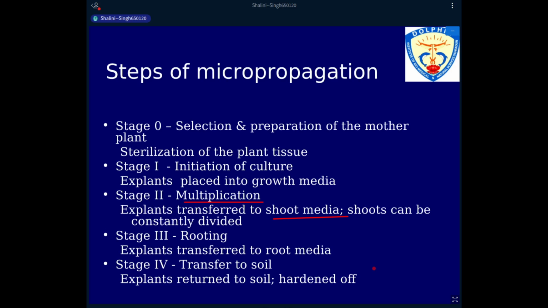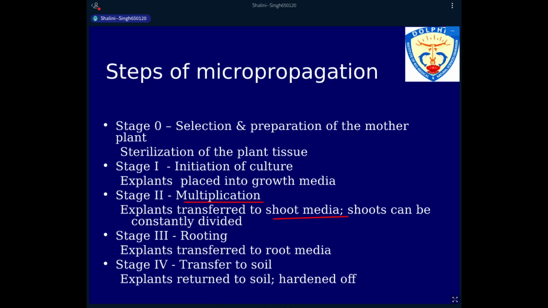You keep it in your culture room, then transfer to the greenhouse, and once it is growing well in the greenhouse, then you can transfer it into the field. That's how you do the acclimatization or hardening of a plant in tissue culture.